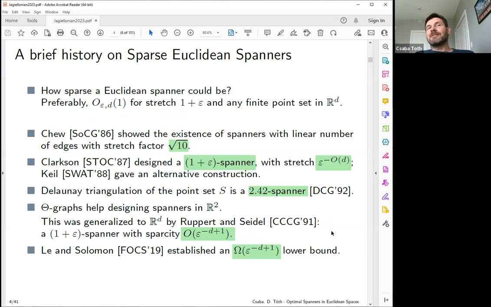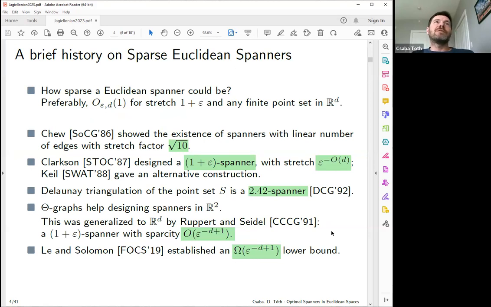I'm not going to say more about the general graph setting. The entire talk will focus on the geometric setting, and the metric space will be d-dimensional Euclidean space in almost all of the results.